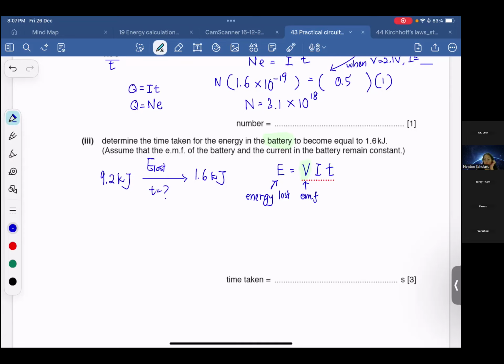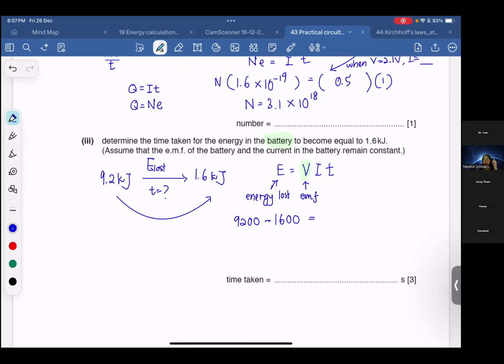Manjo, no. So from here change to here. The energy loss is 9200 kilo minus 1600. So we drop this amount of energy. Then how long do we need for it to drop such an amount of energy?